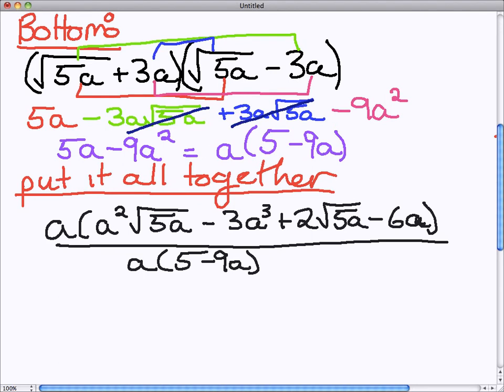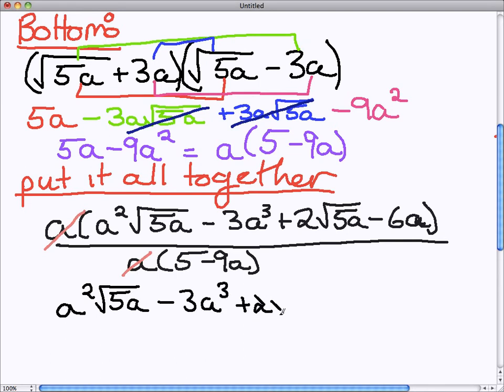And those a's are going to cancel out. That was my hope and my intent when I factored it out, that they were going to cancel out, and I would be left with my final solution of a squared square root 5a minus 3a cubed plus 2 square root 5a minus 6a.